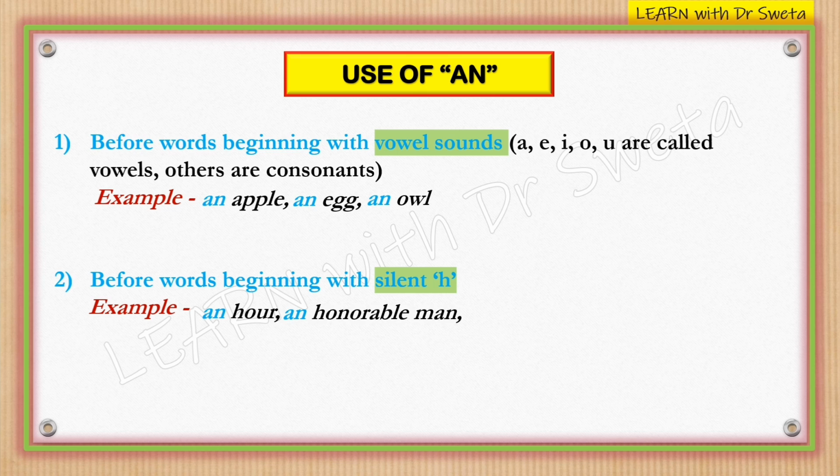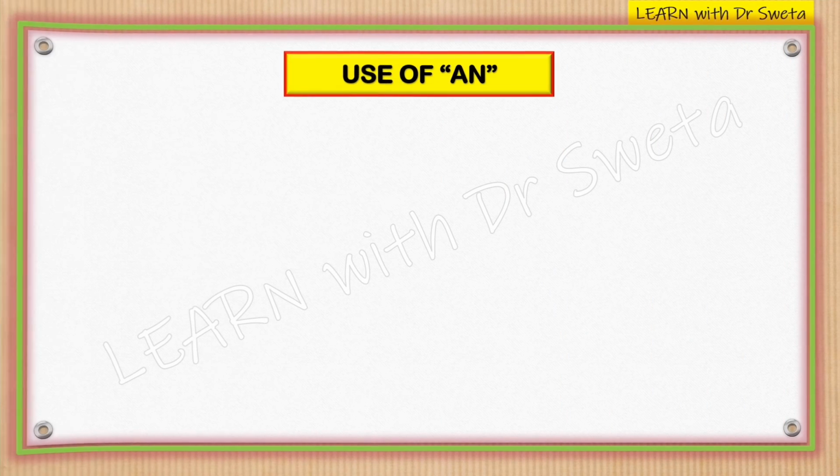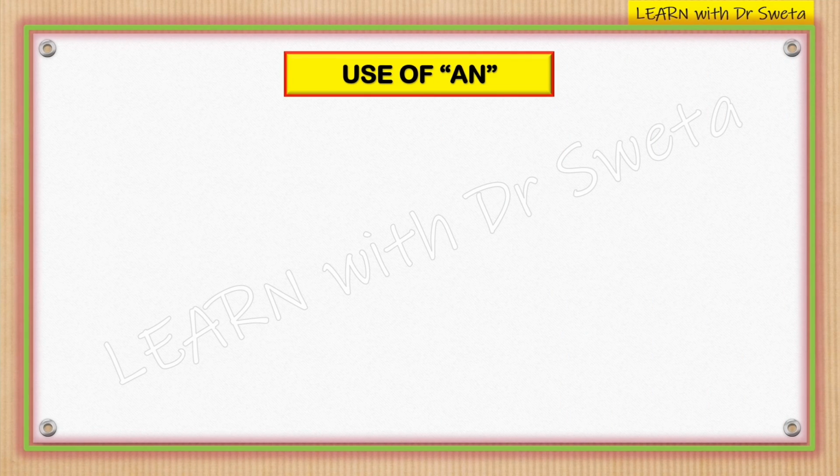Here also H is silent and it sounds like onorable. An heir. H is silent, so pronounced as air. An honest man. Again the H is silent, so it sounds like it starts with O. So in these cases, we are using an instead of a.